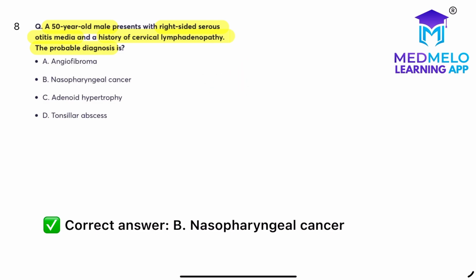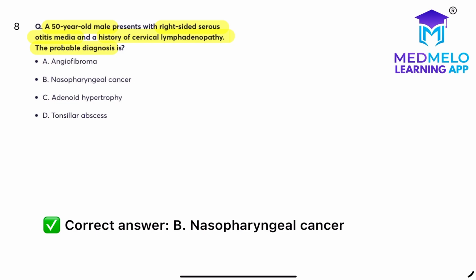The most likely diagnosis is nasopharyngeal carcinoma, particularly when an adult presents with recurrent or unilateral middle ear effusion, that is serous otitis media. The answer will be nasopharyngeal carcinoma.